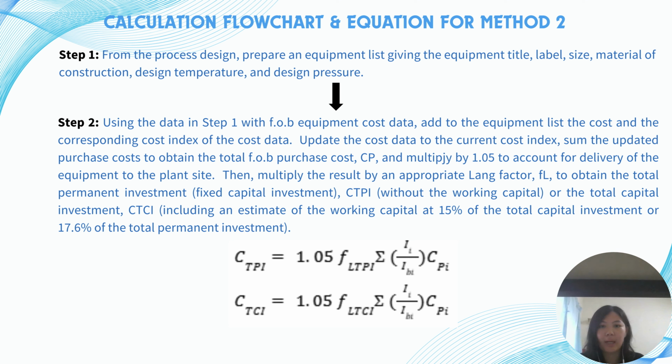Update the cost data to the current cost index, sum the updated purchase cost to obtain the total FOB purchase cost CP, and multiply by 1.05 to account for delivery of the equipment to the plant site. Then, multiply the result by an appropriate Lang factor to obtain the total permanent investment CTPI or the total capital investment CTCI.